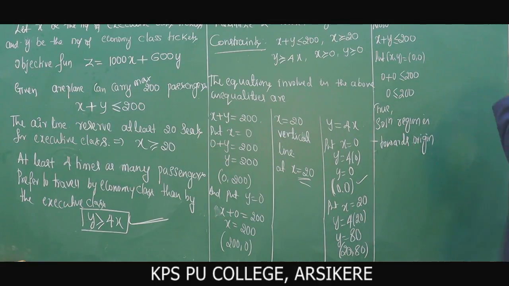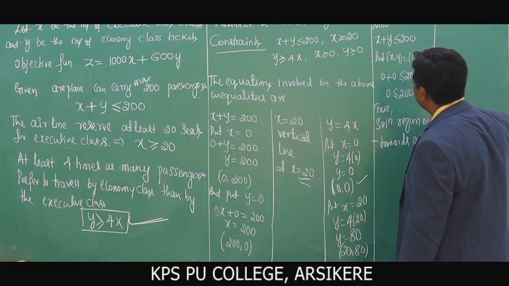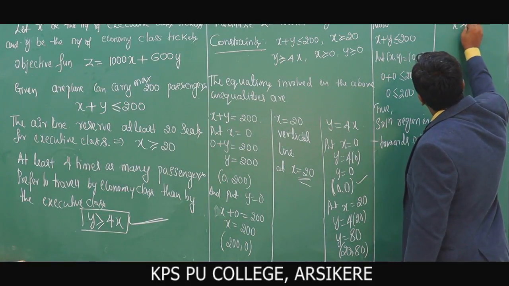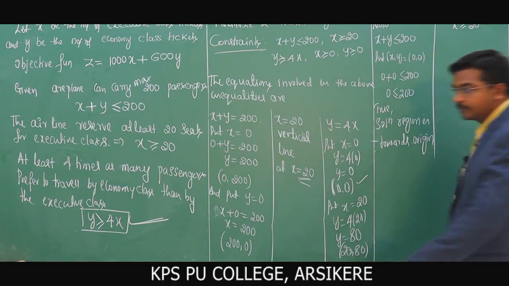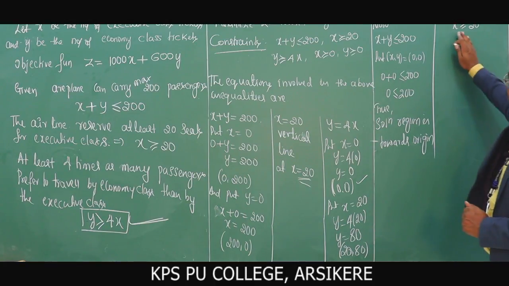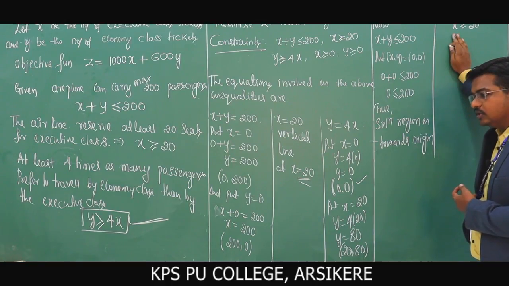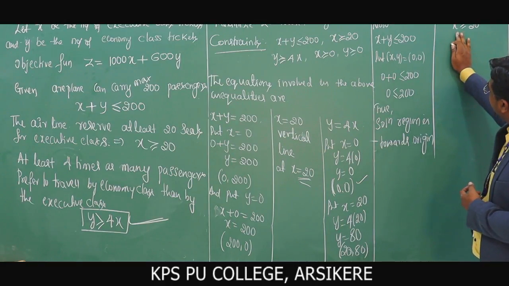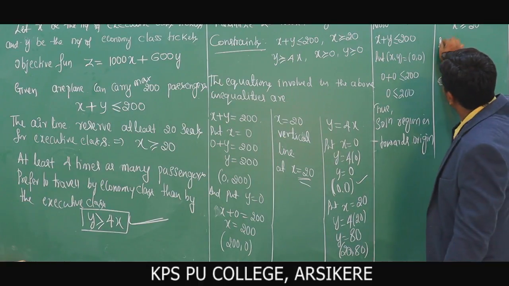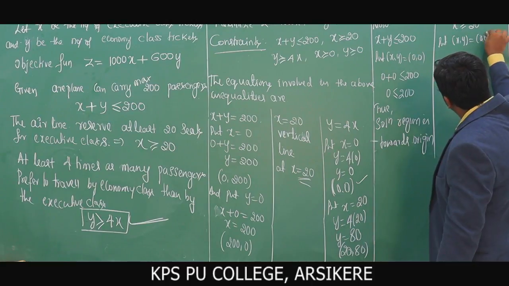Clear? Okay. Come to the second one. The second inequality is x greater than equal to 20. Put x comma y is equal to 0, 0.